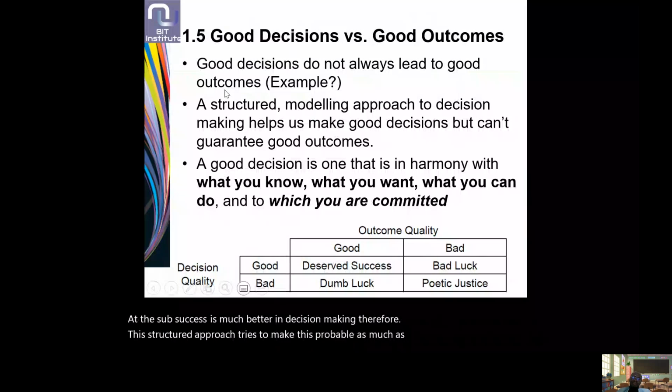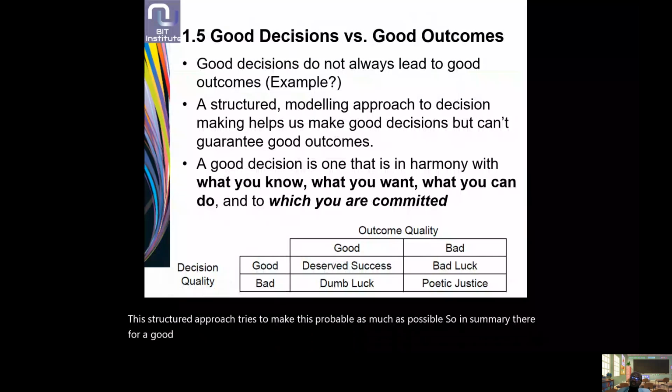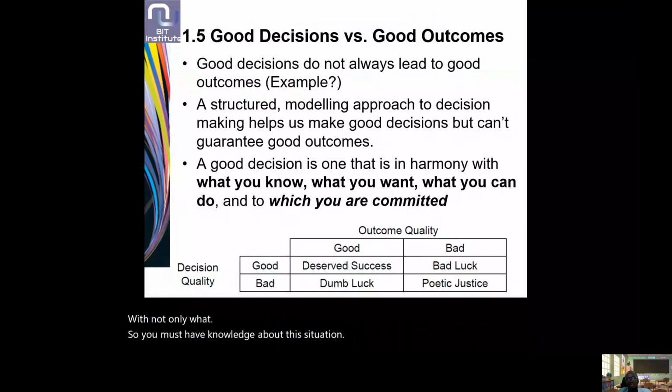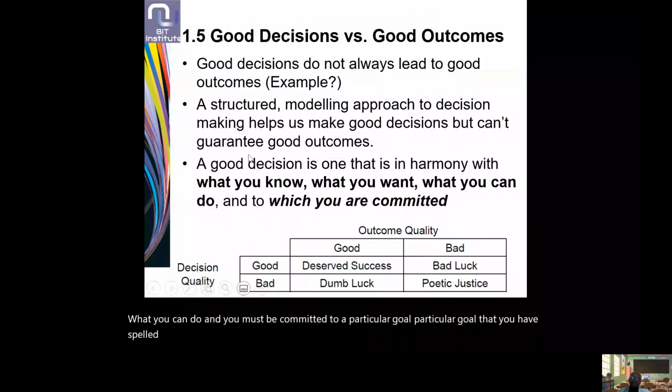So in summary, a good decision, when you're looking at this slide, is one that is in harmony with not only what you know, so you must have knowledge about the situation. It must also be in harmony with what you want, what you can do, and you must be committed to a particular goal that you have spelled out clearly.